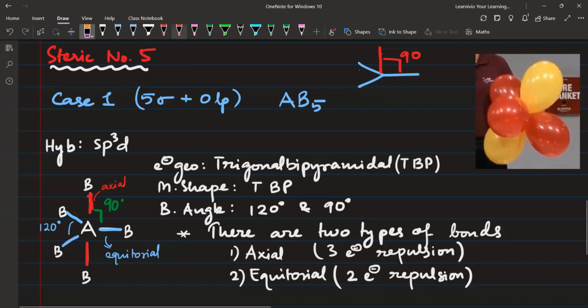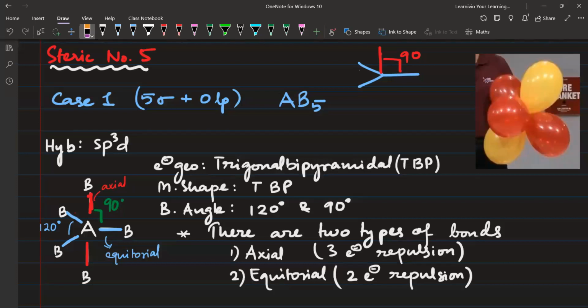Which will be closer, 180 degree or 90 degree? 90 degrees. Okay. So 90 degree will have more repulsion than 180. So I can ignore 180 because I have to focus on the one which has more repulsion. So 90 degree has more repulsion.